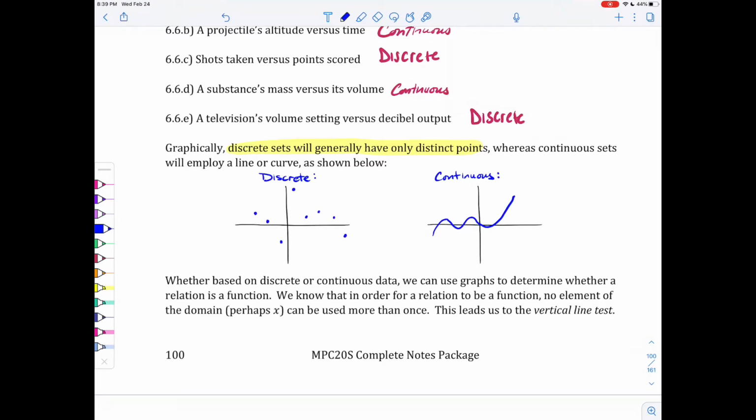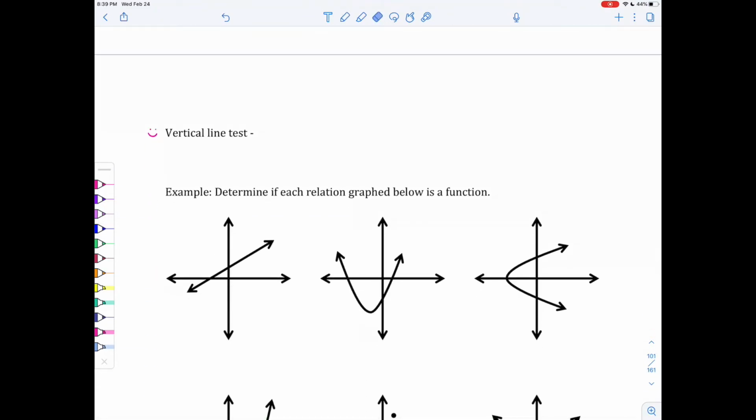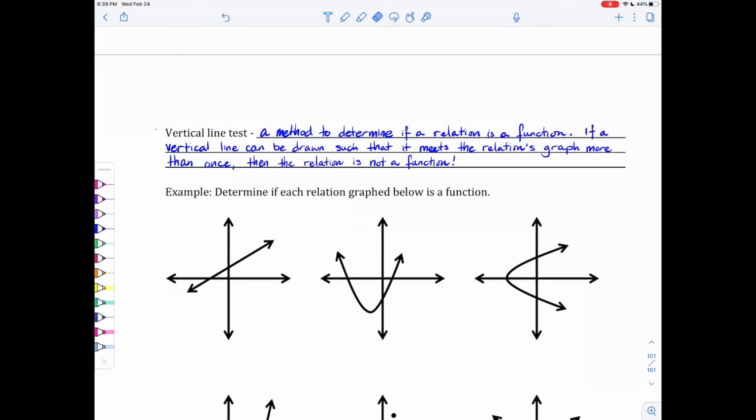We can actually look at something called the vertical line test. The vertical line test is a method to determine if a relation is a function. That's its sole purpose. If a vertical line can be drawn such that it meets the relation's graph more than once, so if I draw a vertical line anywhere on my graph and I touch that graph in more than one location, then that relation is not considered to be a function.